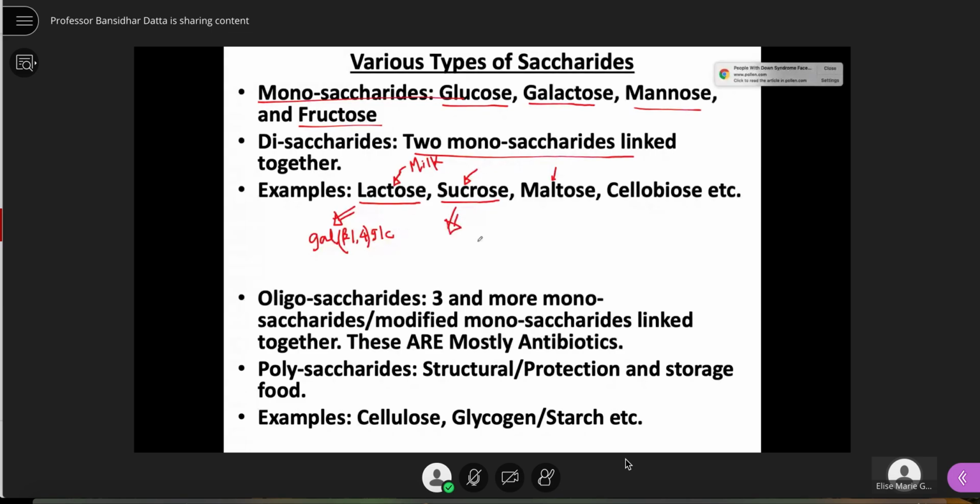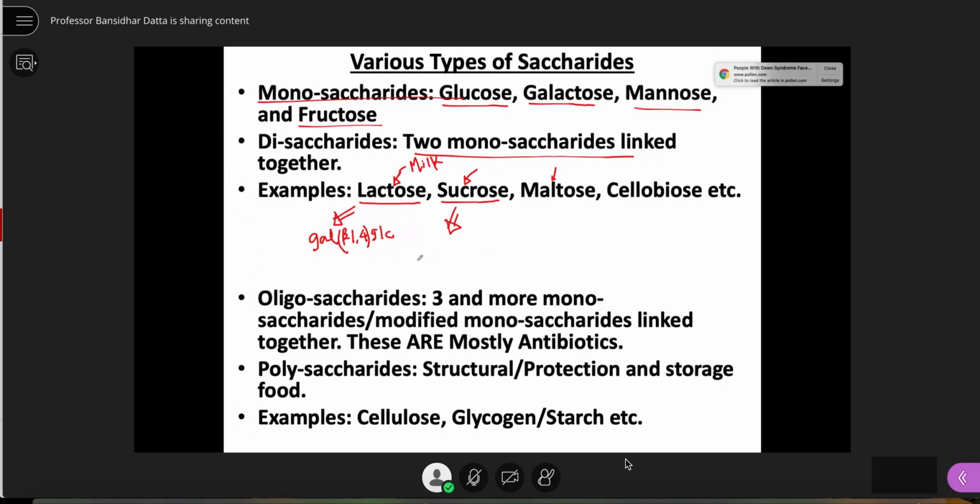When you say 4 carbon of glucose, what do you mean? Glucose has how many carbons? 6, right?